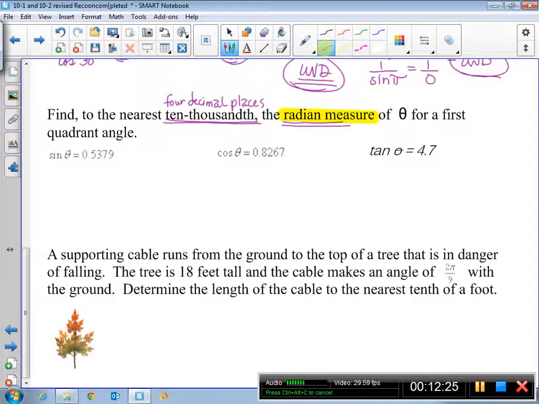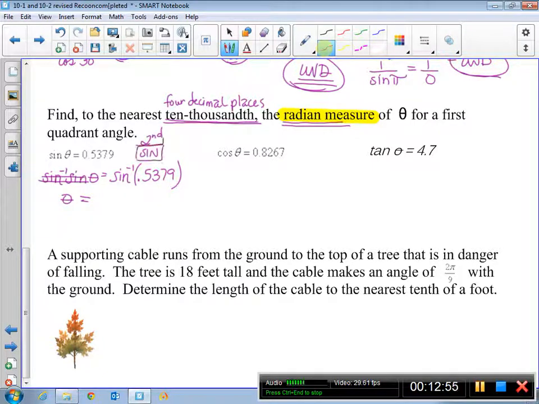We have sine of theta equals 0.5379. To get theta alone, we're going to sine inverse both sides. That helps us with what buttons we're pressing. So sine inverse of sine is leaving us with just theta. And now, of course, you're going to hit second sine on your calculator here.